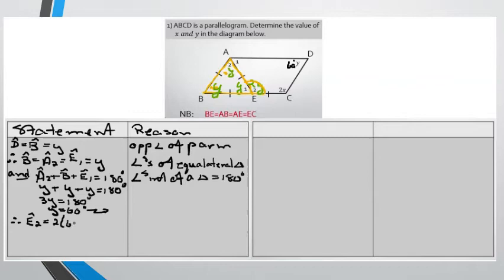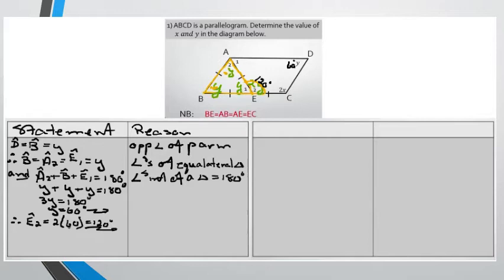So I'm going to put it in a bracket, 60. That answer becomes 120 degrees, if I want to use it later on. So that angle is 120 degrees.